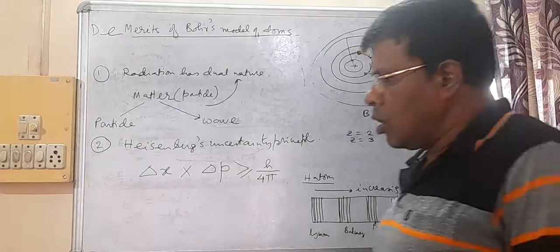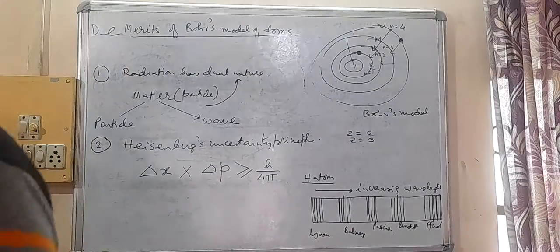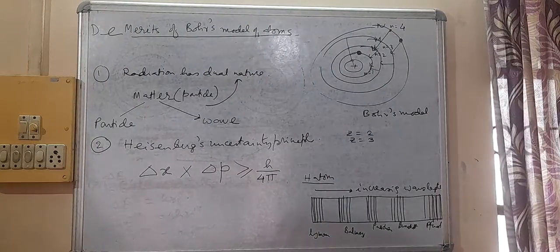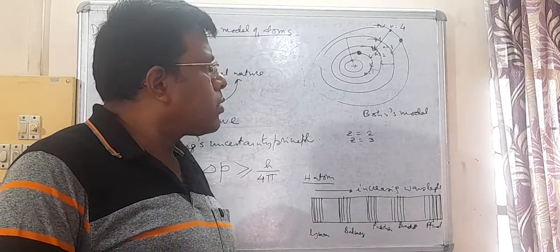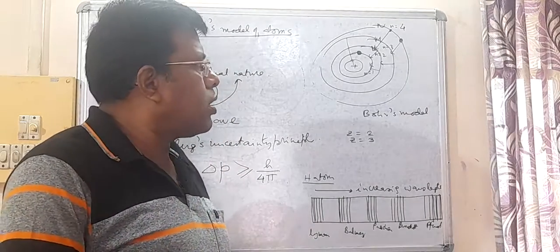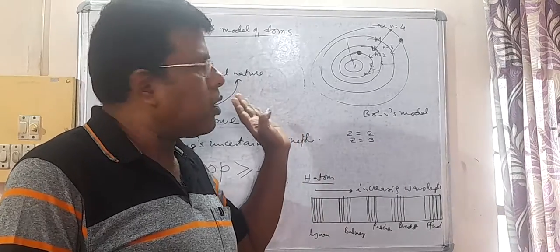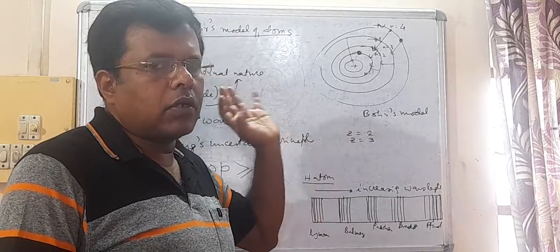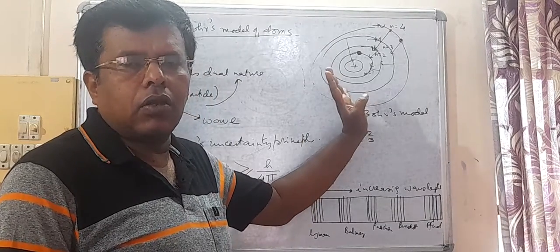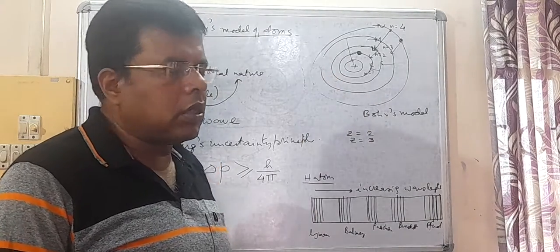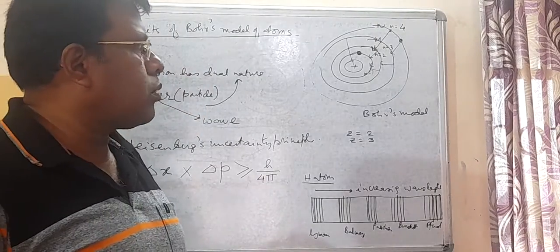Now, suppose the particles that we come across are macroscopic particles. Suppose a cricket ball is in motion, or a vehicle is in motion, or for that matter any other macroscopic particle that we come across is in motion.